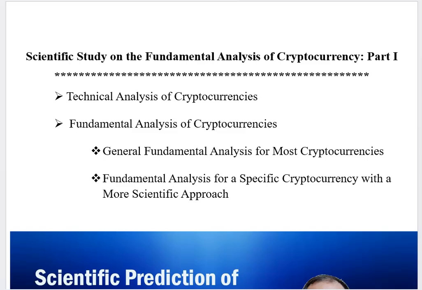When it comes to cryptocurrencies, we can say there are two types of fundamental analysis. The first is general fundamental analysis, which can be applied to many cryptocurrencies and provides us with some information about their value.